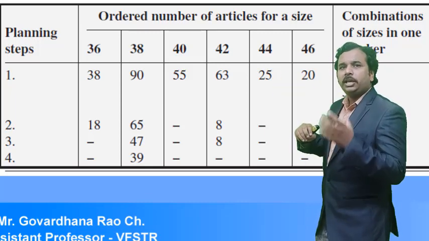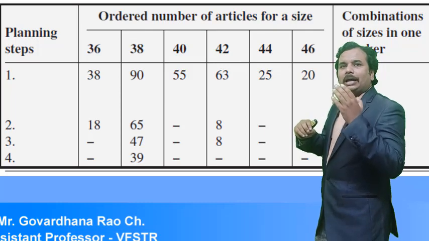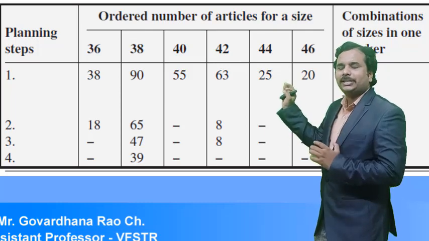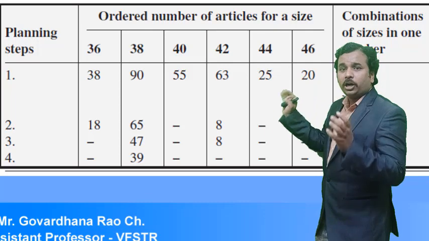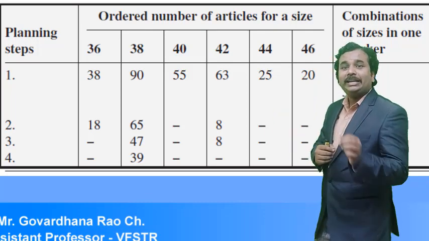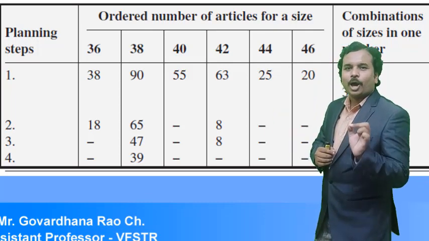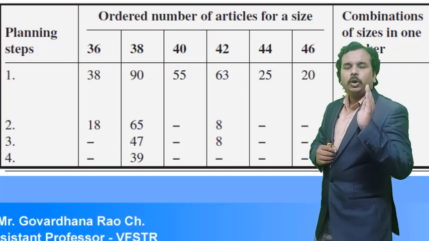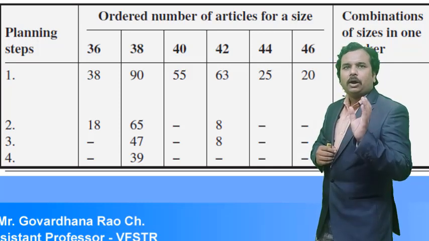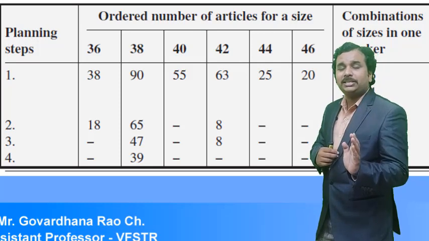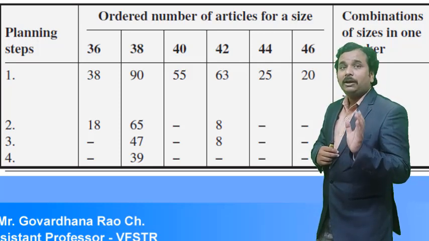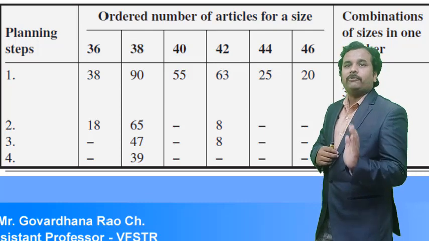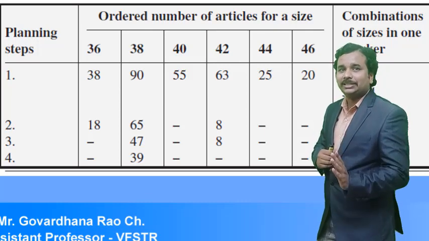Now you see here, if you club 36 size and 46 size, what is the ordered quantity of 46 size? It is 20. To complete the order of 46 size, we are going to club 46 size and 36 size.